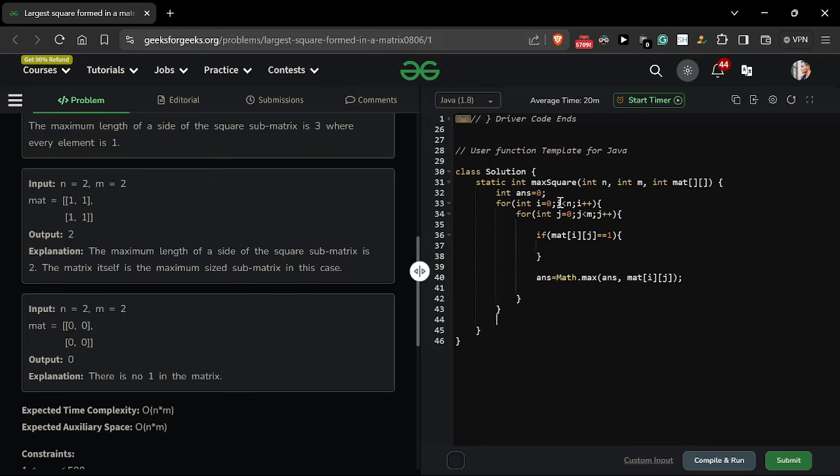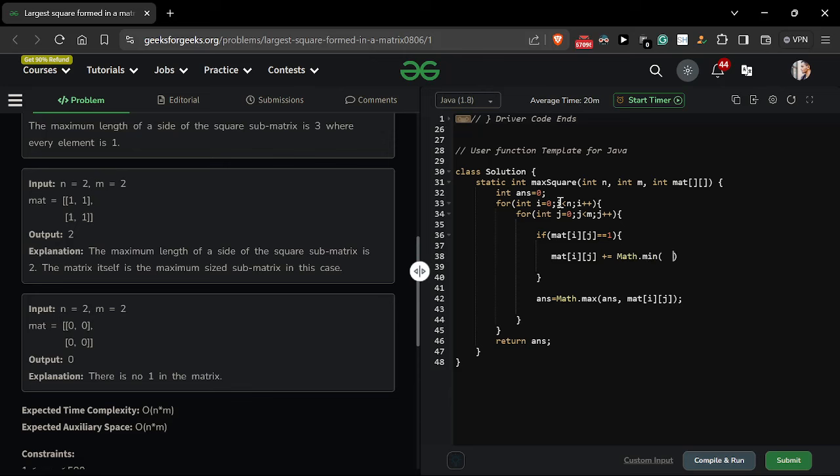I will modify the input array, although it is not recommended. So we are at a 1 point. We have to take the minimum and add it at the current cell.